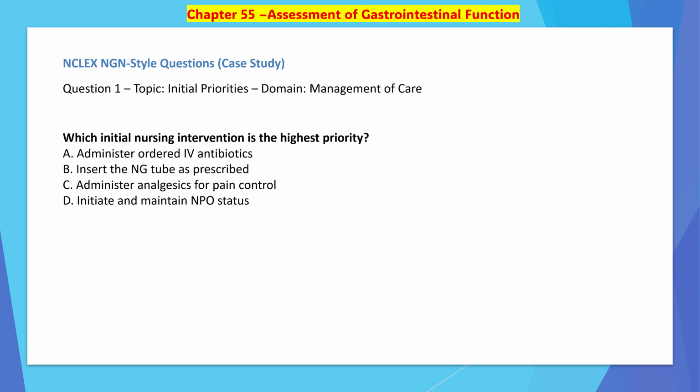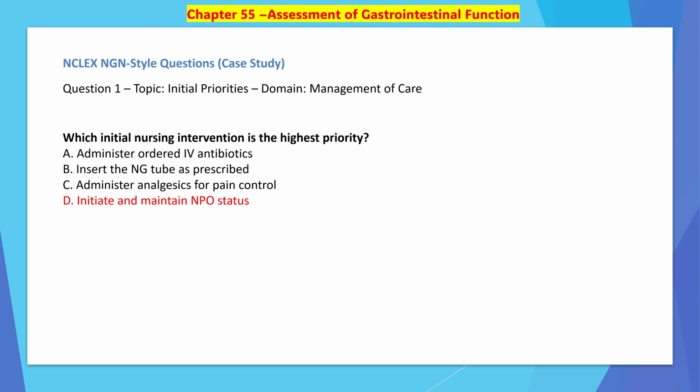Question 1. Initial priorities, domain: management of care. Which initial nursing intervention is the highest priority? Administer ordered IV antibiotic, insert the NG tube as prescribed, administer analgesics for pain control, initiate and maintain NPO status.